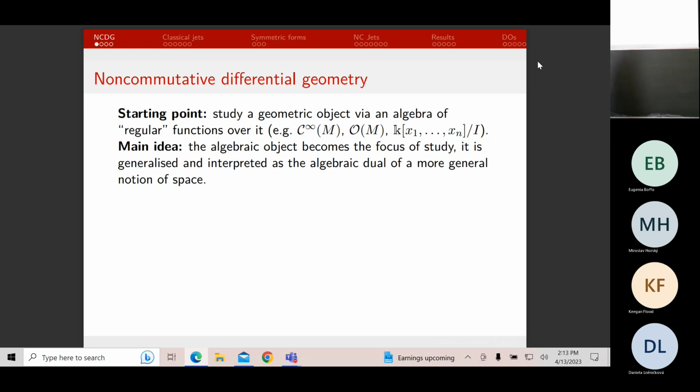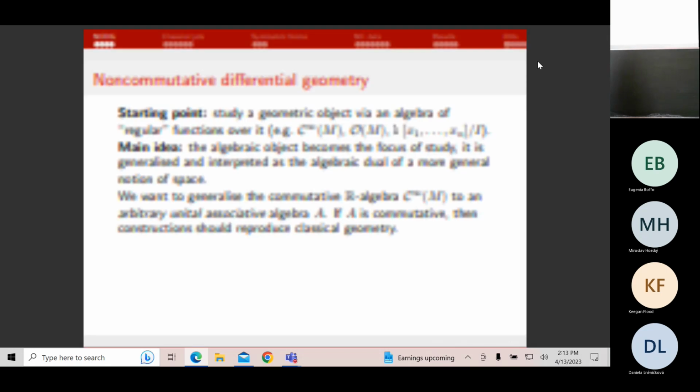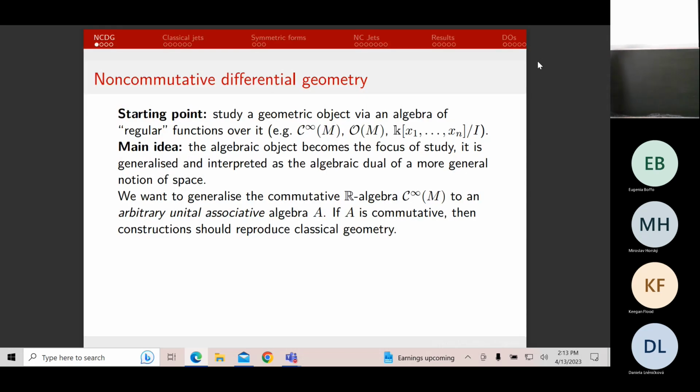We want to generalize the notion of smooth manifold, and what we forget about our algebra of smooth functions is the commutativity. So instead of taking an algebra of regular functions, we take a generic unitary associative algebra, or a ring.